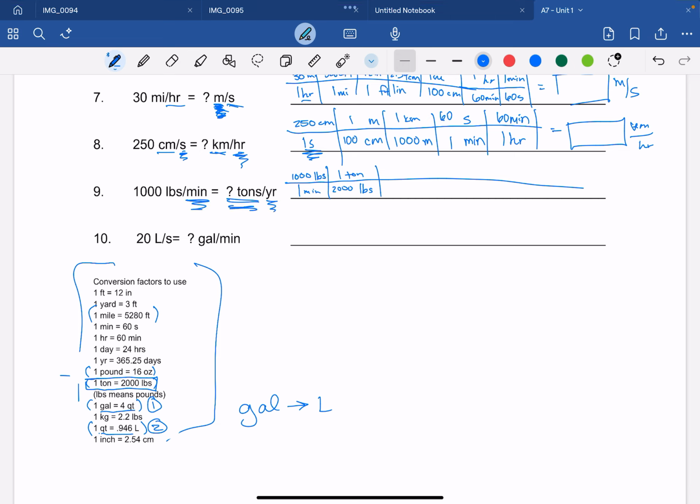Now we want to get minutes to years. So minutes start on the bottom. You got to move minutes to the top. Minutes, let's go to hours first. So we got 60 minutes in 1 hour. And then move hours to the top. Can we get to years yet? Not quite. 24 hours in a day, 1 day.